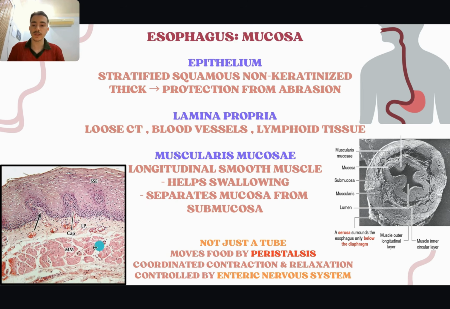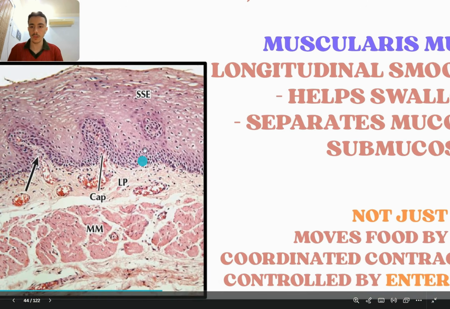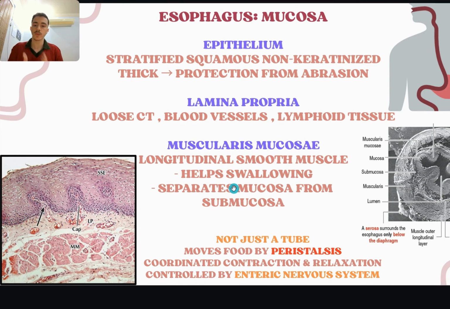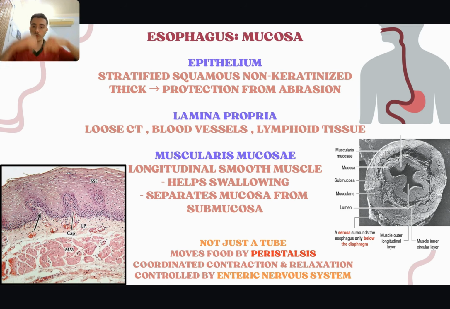Muscularis mucosa, it's this one, and it's between the mucosa and the submucosa. It's longitudinal smooth muscle that helps with swallowing and separates the mucosa from the submucosa. The muscularis helps move the food by peristalsis movement, the wave-like movement.